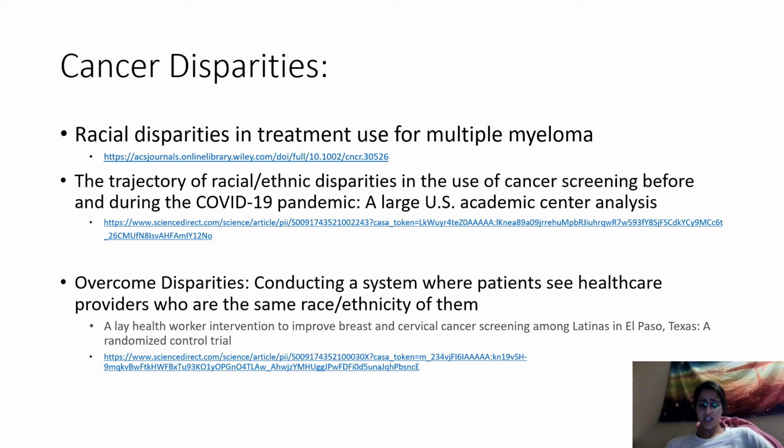In the study on a lay worker intervention to improve breast and cervical cancer screening among Latinx women in El Paso, Texas, these lay workers spoke the same language and were the same race and ethnicity, so it helped them relay information better, and it conducted patient care more efficiently due to having a shared background. I think doctors and patients who can relate based on their background are more comfortable with each other, and doctors can provide more to them because they can relate to them.